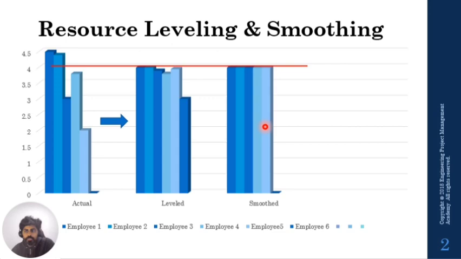Leveling is always done when the resources are over-allocated or overloaded. That's exactly when you use leveling. Use smoothing in most cases when you are unevenly allocated, and you have a deadline in mind, and smoothing is required.